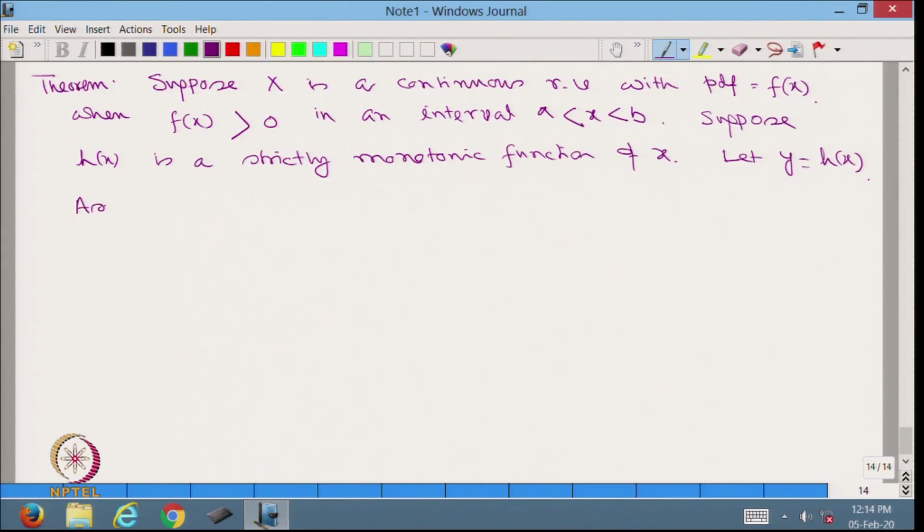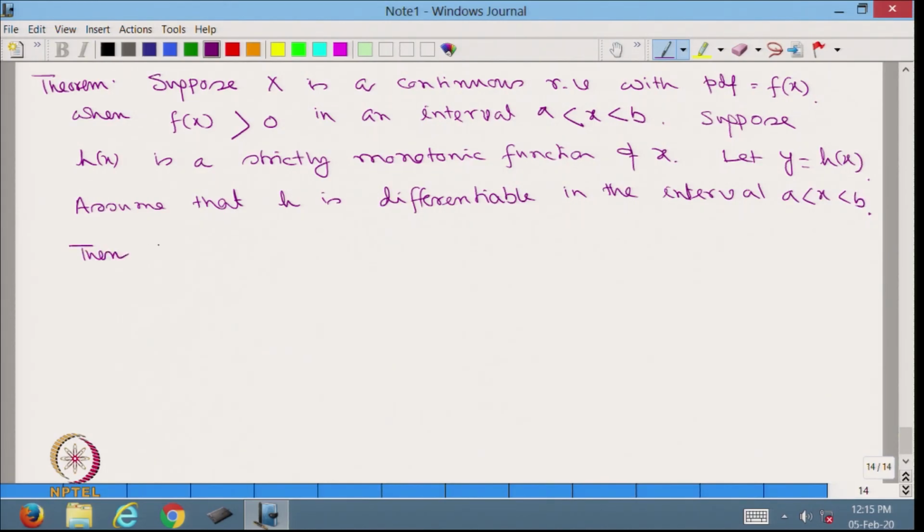Assume that h is differentiable in the interval a less than x less than b.